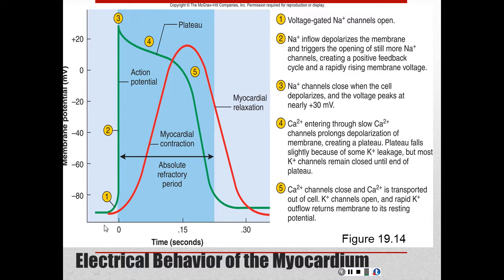Let me get this mouse working. Now this threshold voltage opens more sodium gates, and then it triggers a positive feedback cycle. Now the action potential peaks at positive 30 millivolts, at which point the sodium gates close.